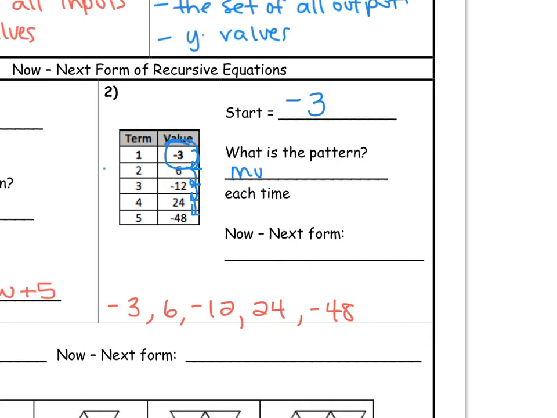We are multiplying by negative 2. So how do we get the next term from our current term? So our now next would be next equals our current term, which is now, times negative 2. And this is a sequence, so it keeps on going on forever and ever.